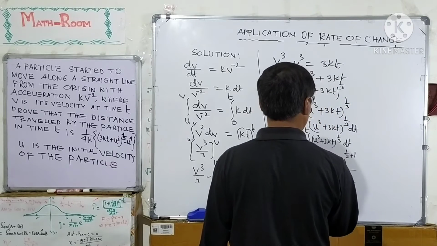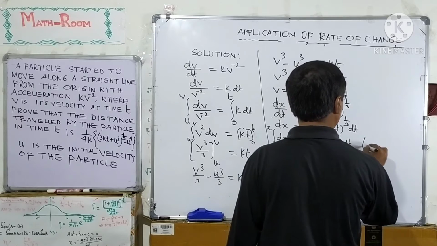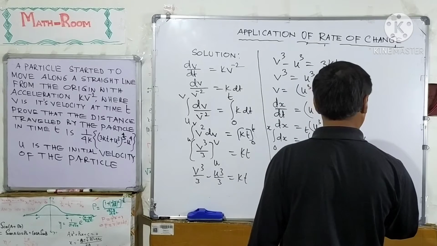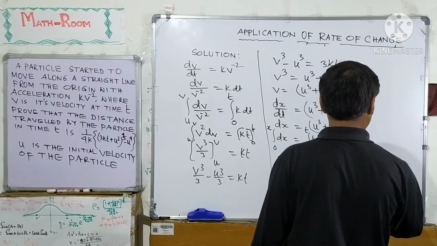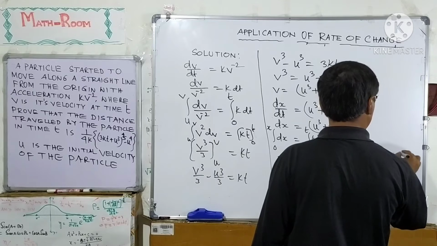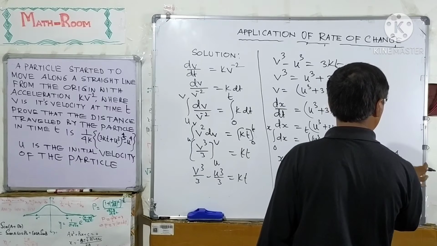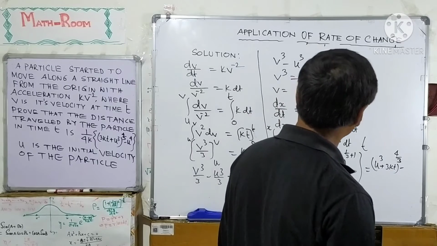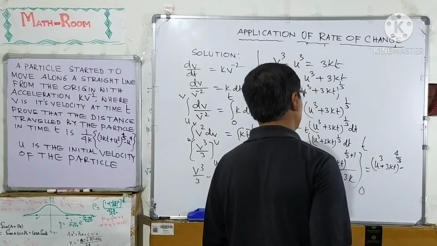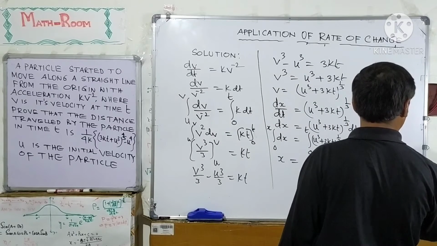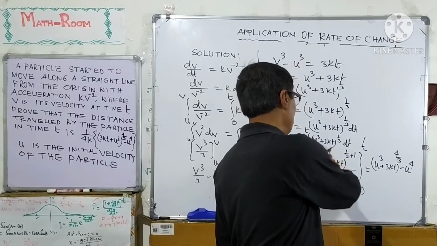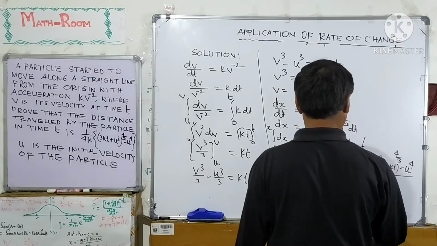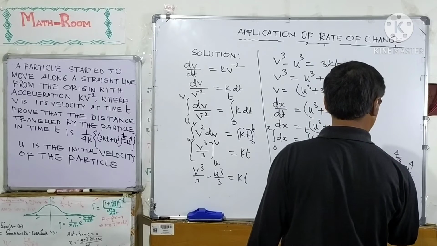Here also the limit is 0 to t. So, putting the limits, we get u cube plus 3 kt whole to the power 4 over 3, minus, if we put t equal to 0, u cube to the power 4 over 3, which means u to the power 4, over 4 over 3 into 3k.